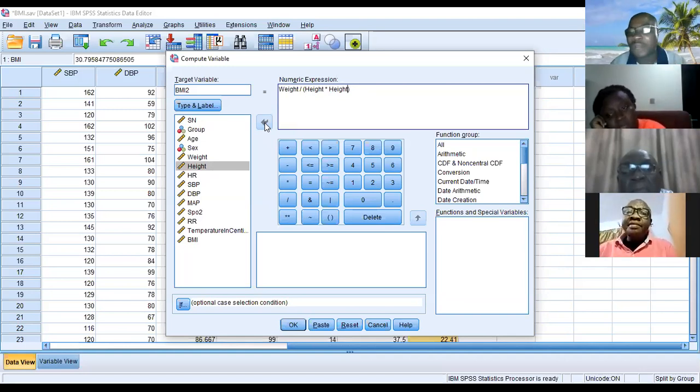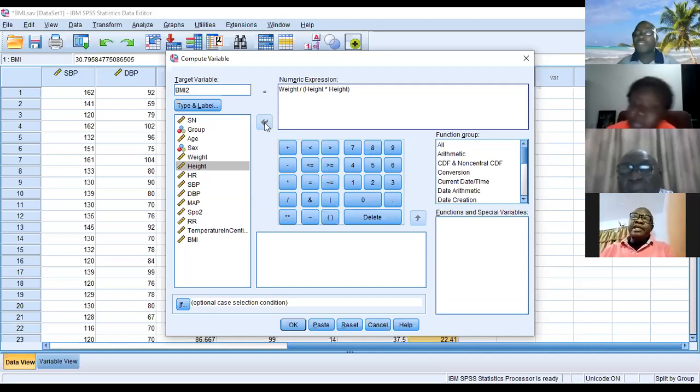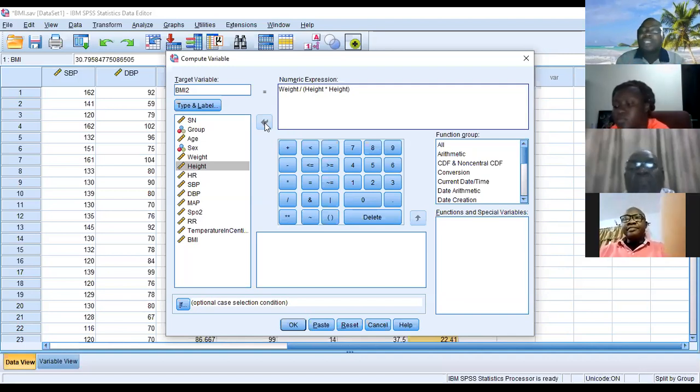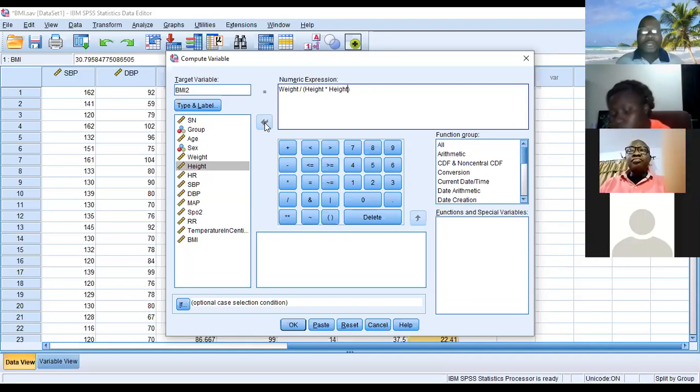So by putting the bracket there, you are dividing by everything inside that bracket. Do you understand now? So, click OK.